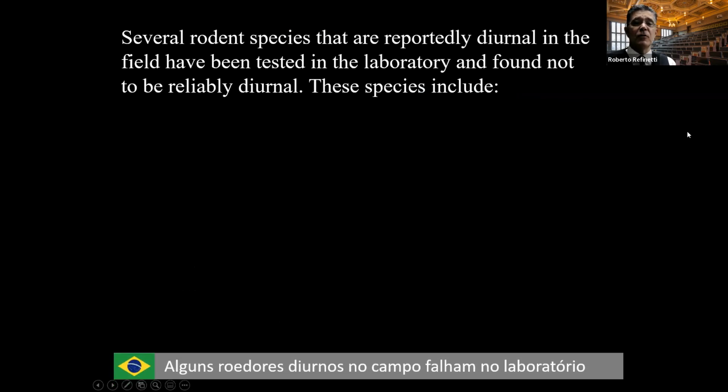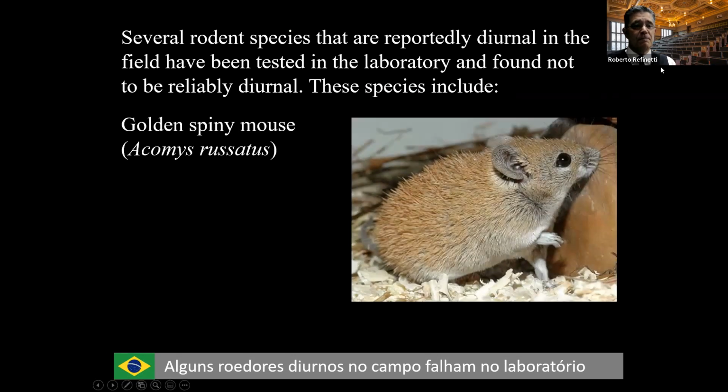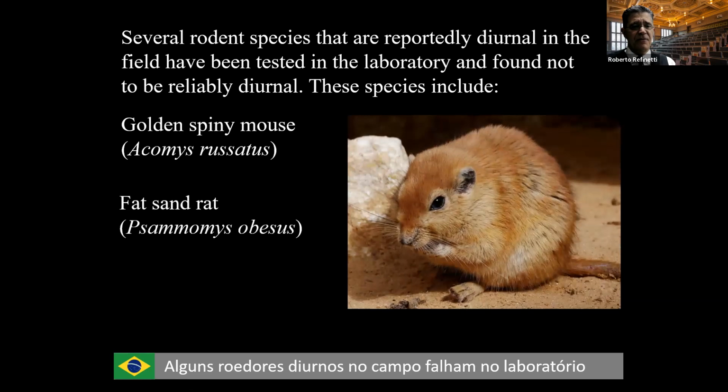Okay, several rodent species that are reportedly diurnal in the field have been tested in the laboratory and found not to be reliably diurnal. So I'm going to mention them briefly. I'm not going to go into detail about them. These species include the golden spiny mouse, the fat sand rat.